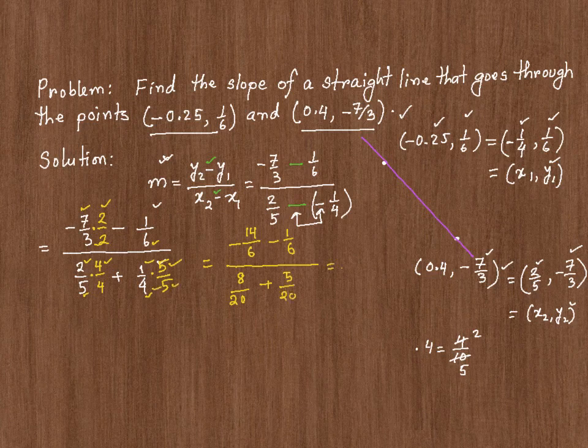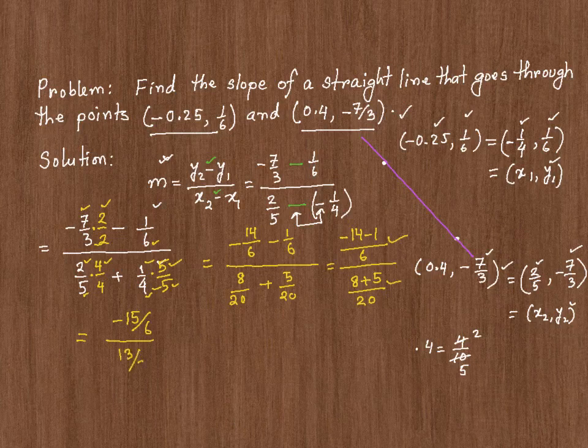That gives me, in the numerator, 6 in the denominator, minus 14 minus 1. In the denominator, I'm going to have 8 plus 5 over 20. If I simplify it further, I get negative 15 over 6 in the numerator, and in the denominator, 13 over 20.